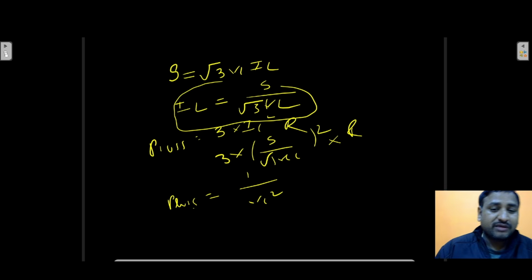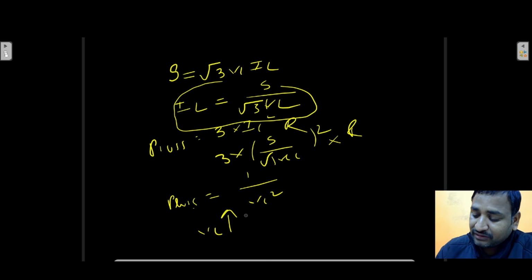It means if I transmit voltage at a higher level, my P loss in the transmission line is decreased. If I increase the voltage by x times, my power loss decreases by 1 by x square times. This is the reason why we transmit power at high voltages.